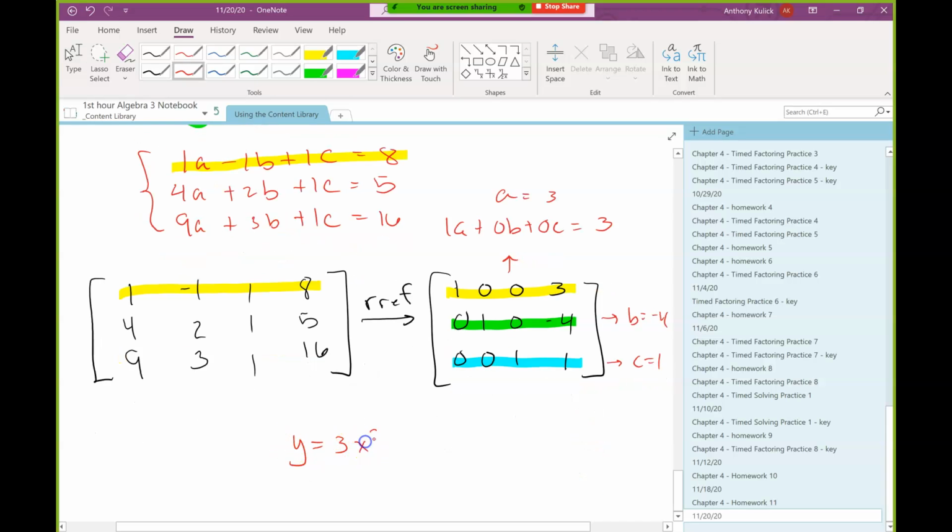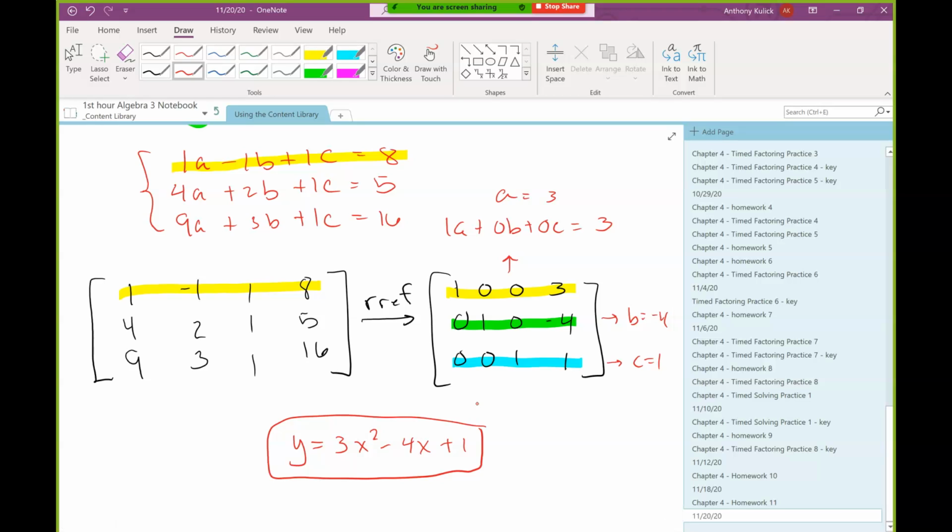So I could write 3x squared minus 4x plus 1, and that's my final answer, which is quite a bit easier than having to do the substitution or eliminations that we were doing last chapter.